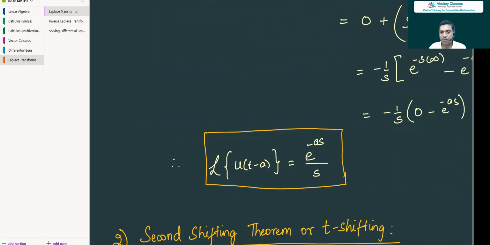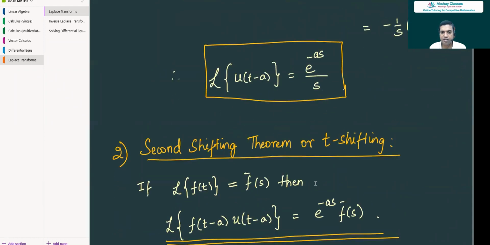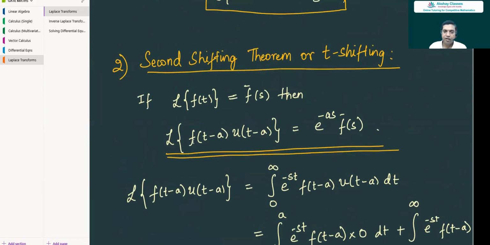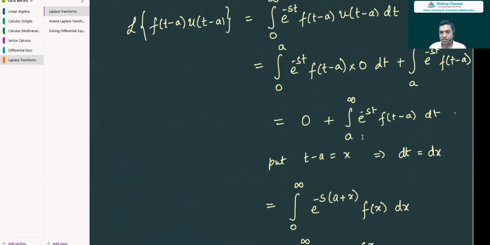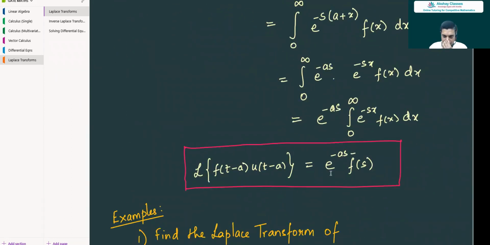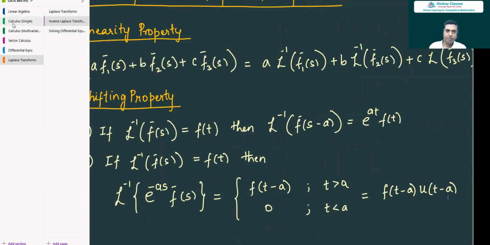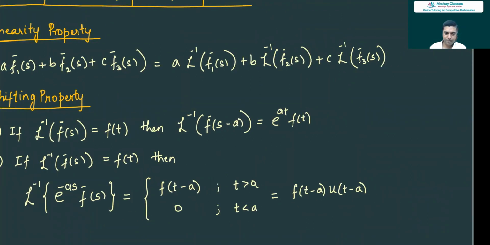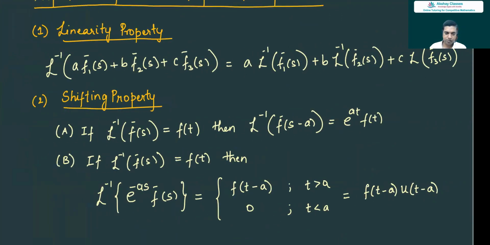Laplace transform of the unit step function is e power minus as by s. So t shifting, Laplace transform of f of t minus a times the unit step function is e power minus as f bar of s. This is what we proved. So inverse of this is what we have done today. So this is s shifting, this is t shifting, t minus a.